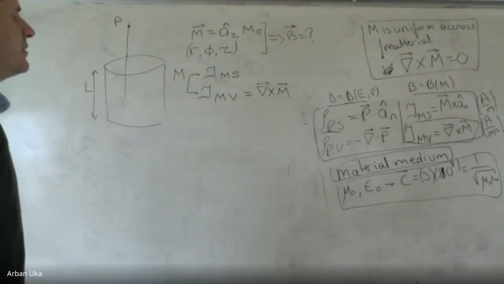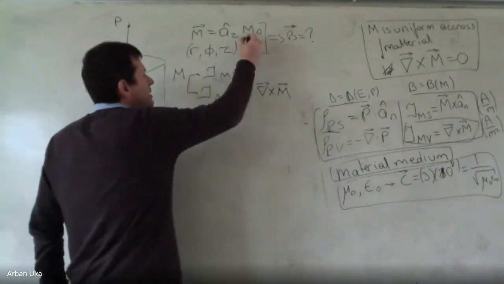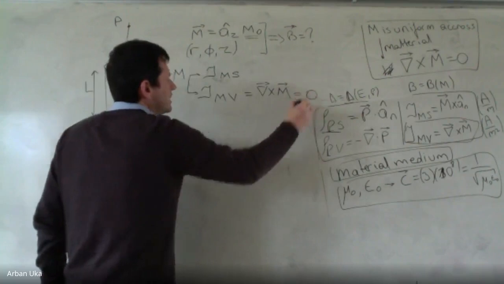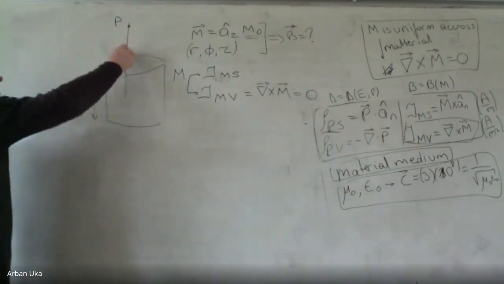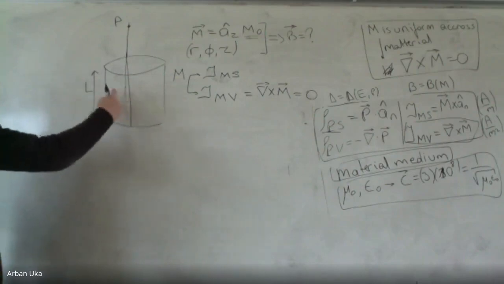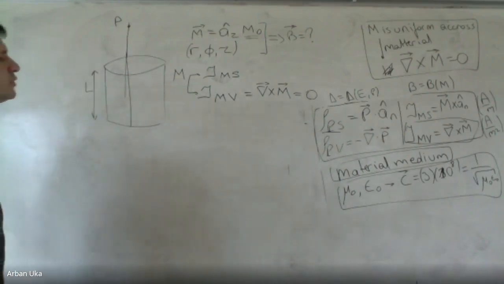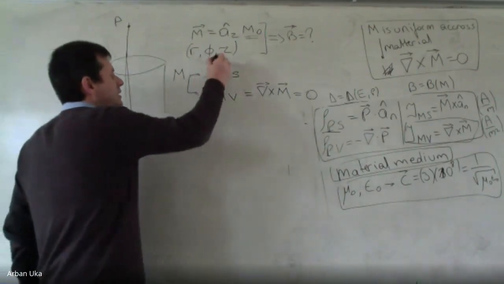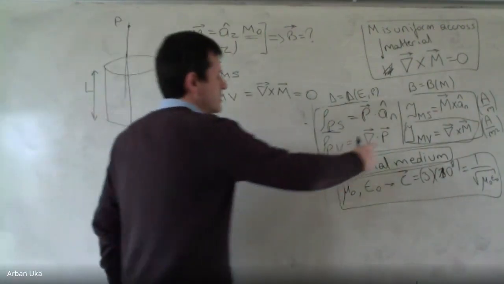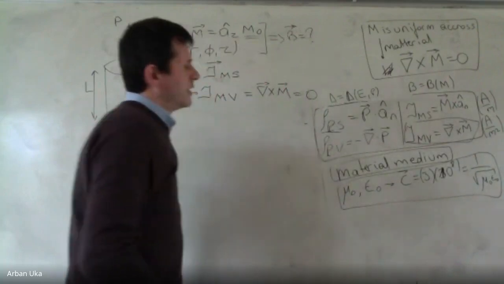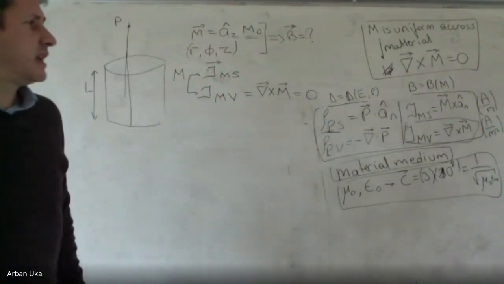Since M0 is a constant, we get zero current density inside the material. Inside this volume, we have no current flowing around. But on the surface we do have current density, the expression being M cross product with a_n.